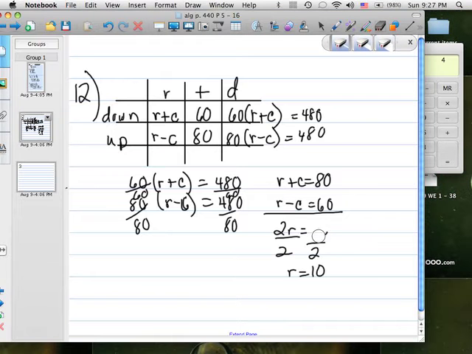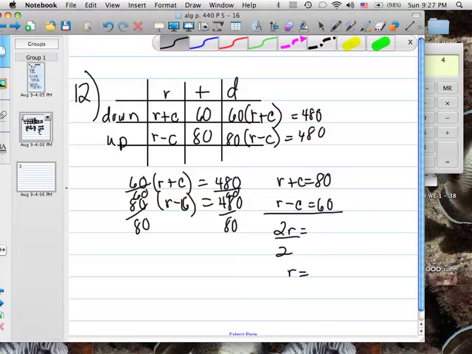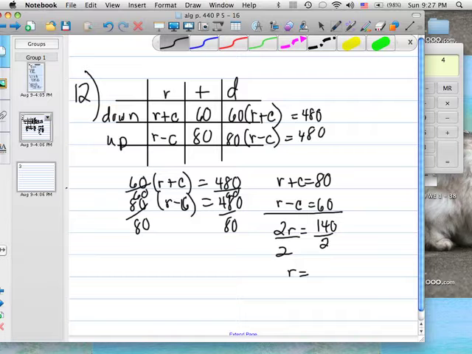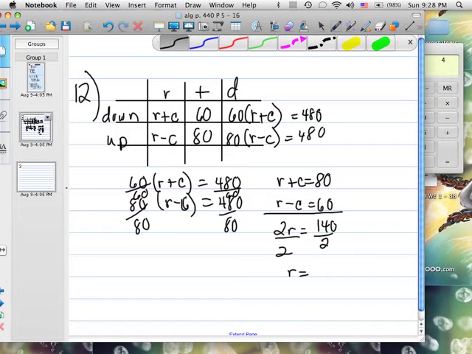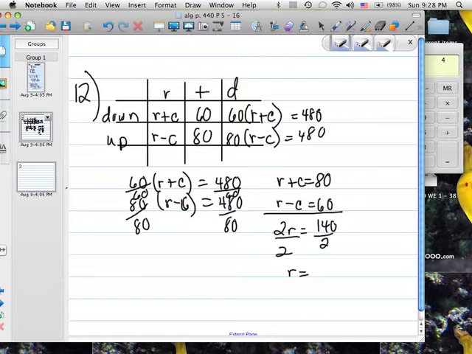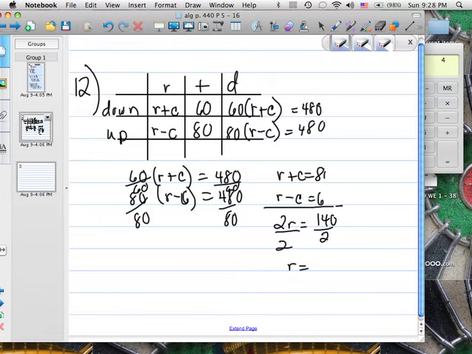Well, obviously I can't add. 80 plus 60 is 140 divided by 2. And again, I can't add.